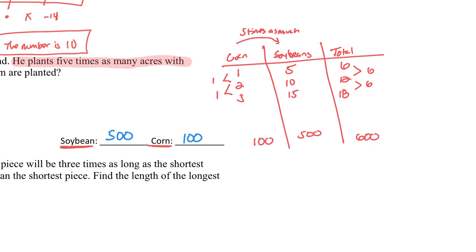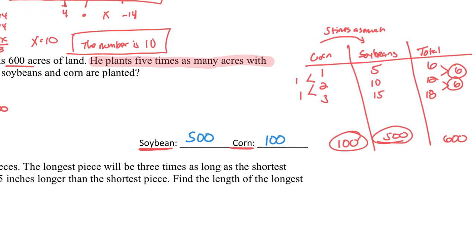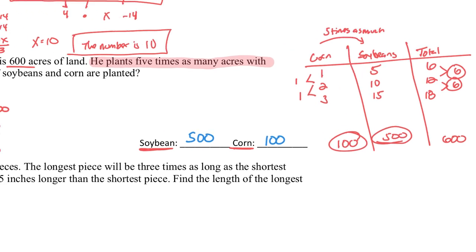I could also figure that out by saying 600 over here, it changes by 6 each time, so I could do, well, 600 divided by 6 equals 100. Okay, that's how I know that's going to be 100. And again, this is 5 times as much, so that's 500. And we already know that that's the answer we're going to get from the algebraic version before.